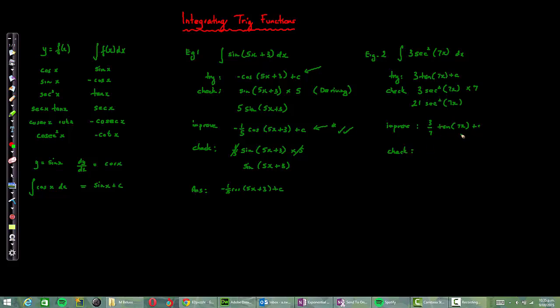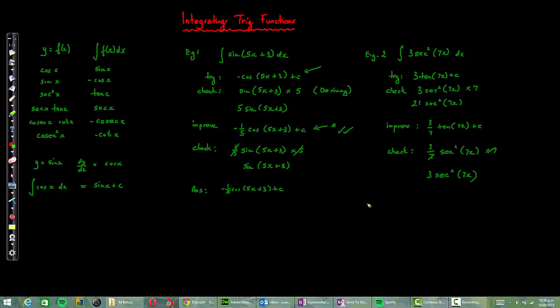Okay, so let's derive this to check. So it'd be 3/7 sec squared 7x times 7. Okay, and the divided by 7 and the times 7 cancel, and we get 3 sec squared 7x, which is great because that's what our original function was. Once again, remember, we're simply doing this check to see if this here is the correct answer, and we do that by deriving it, and we have got our original function back.